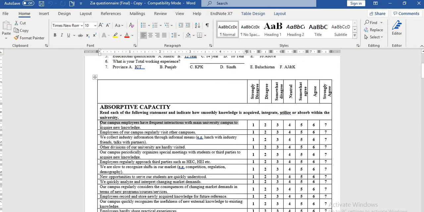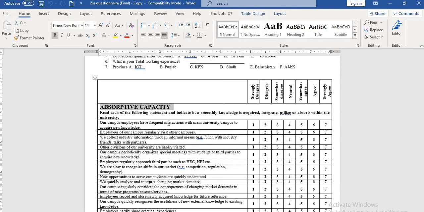These are the measured variables. These are the items or instrument which you show to the respondents and collect data on a Likert scale for statistical analysis. These are the measured items, but for absorptive capacity itself you have not collected data. You have collected the data on the basis of these items, these questions.